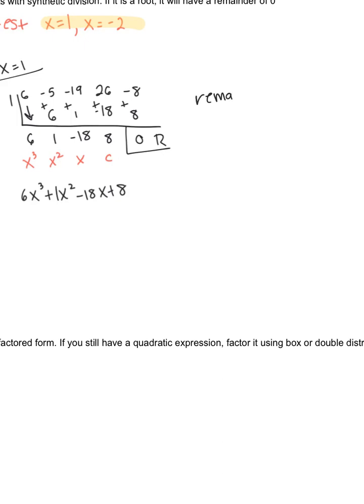So okay, it's a root, and the factor version of it is a factor.